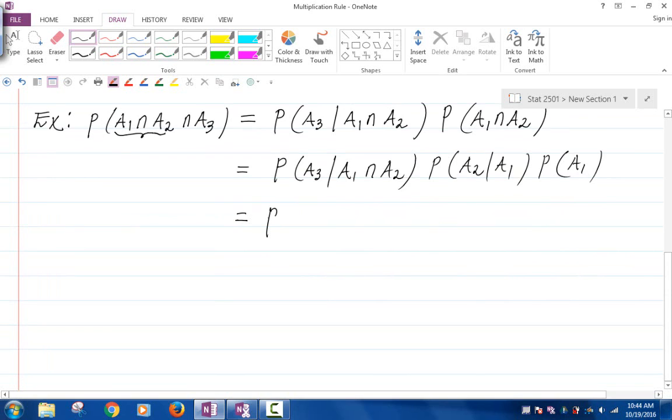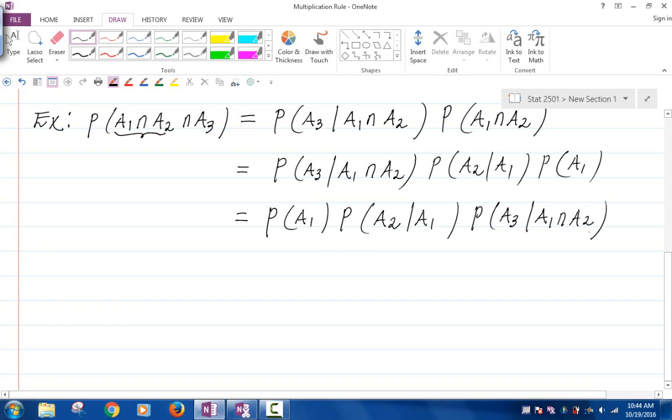So this is the same as the probability of A1, probability of A2 given A1, probability of A3 given A1 intersect A2, right? If you have four events, you can divide it into three events and one event, apply the multiplication rule, and you just keep doing that.